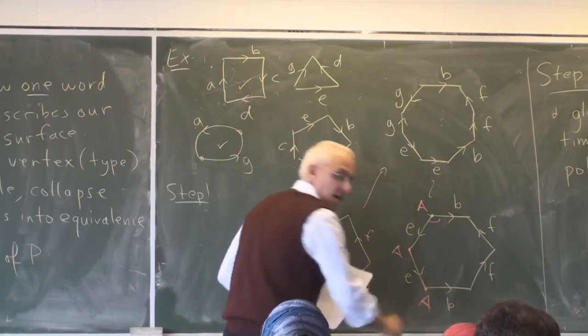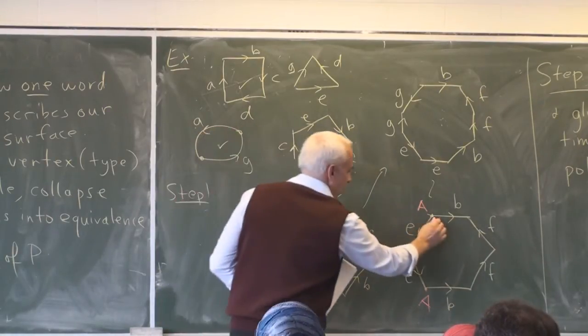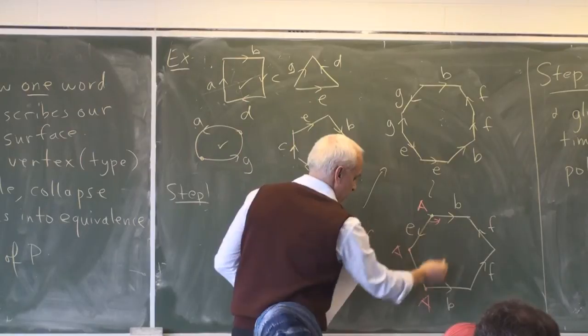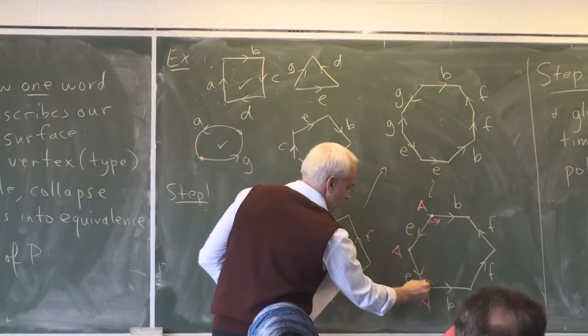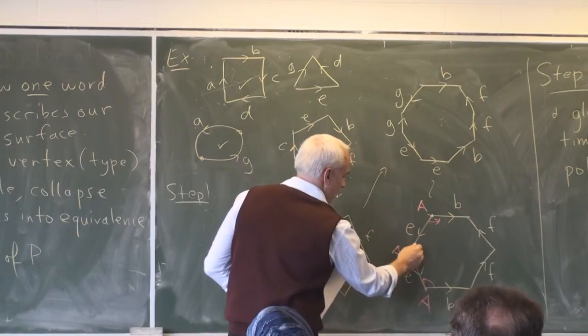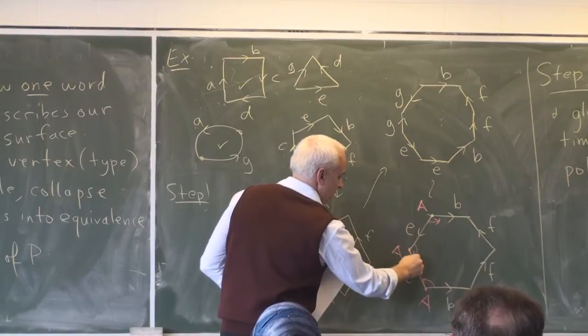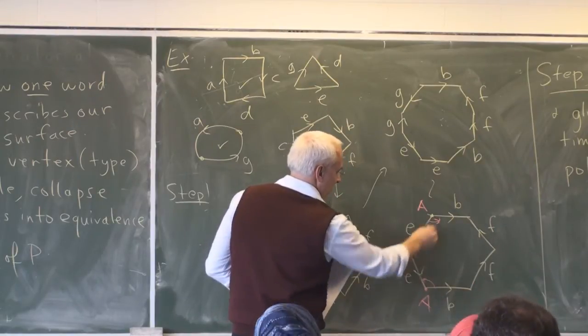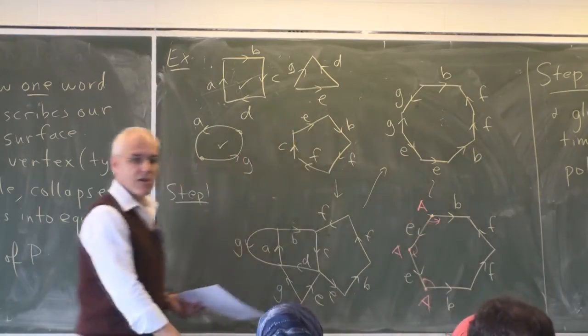That's also got to be the vertex A. And if we go, say, over here, from the bottom of E to the bottom of B, then we go from the bottom of B to the top of E, and that's over here, and then we're going to go to the bottom of E, which is over here, and so we're back to where we started. So that's a closed loop.